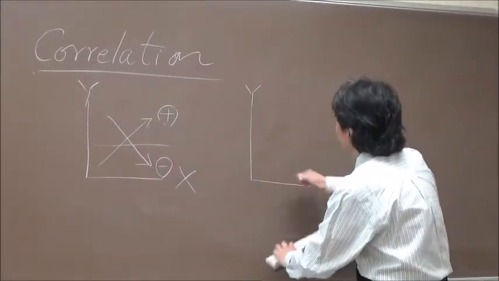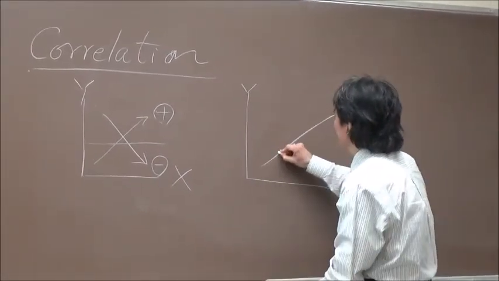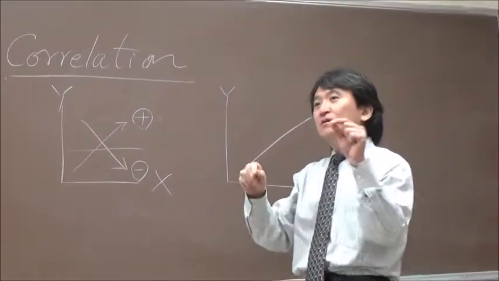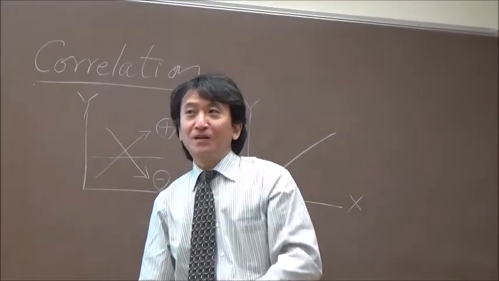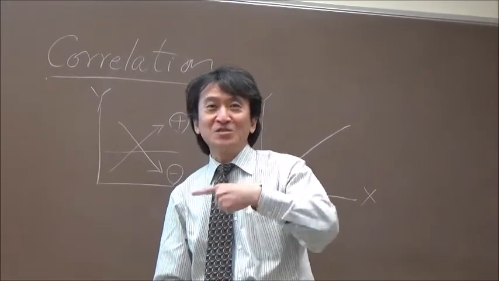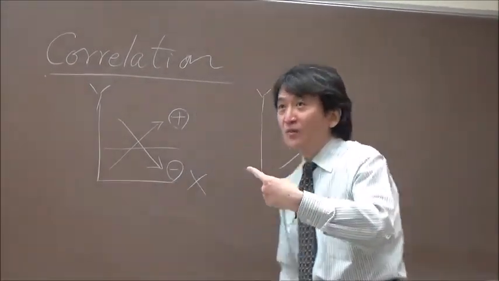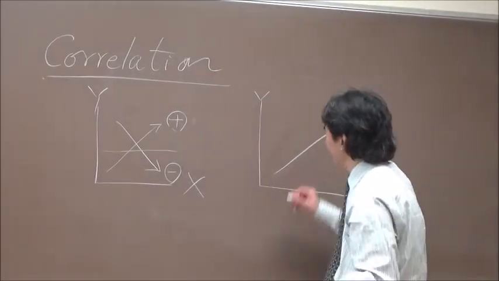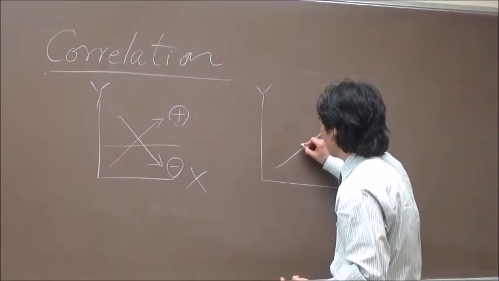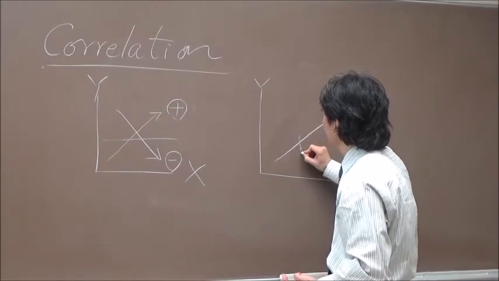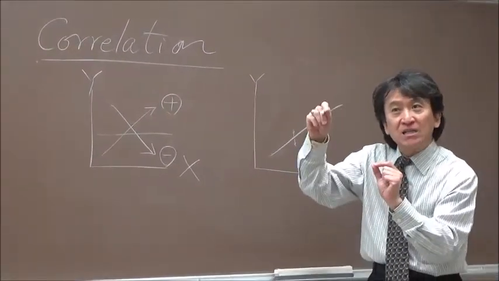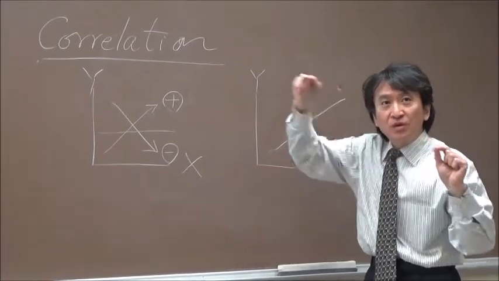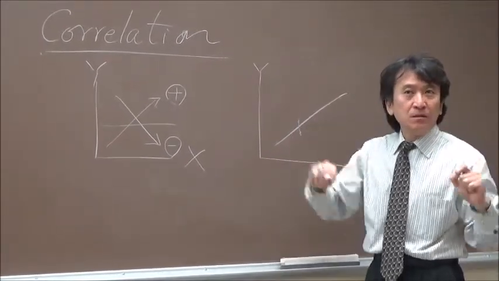Then what about if all data points were on a single line? That's correlation of 1, right? Because there is no error. Do you understand what I'm talking about? The so-called error is how much deviation each data point has relative to an imaginary straight line.